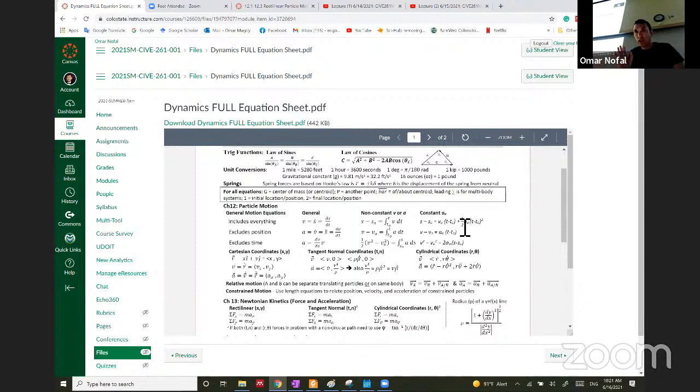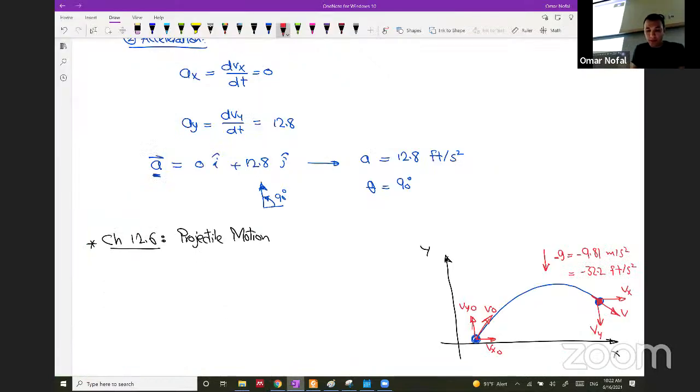This holds unless the problem says there is another type of acceleration affecting the projectile, like a body in space where there's no gravitational acceleration, in which case you will have to neglect what I'm telling you right now. But for most projectile motion problems, you can use this set of equations because they are under constant acceleration, and a node is equal to negative 9.81.